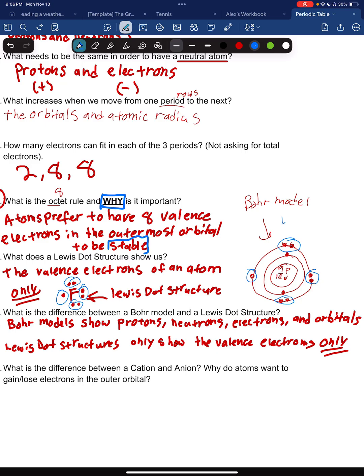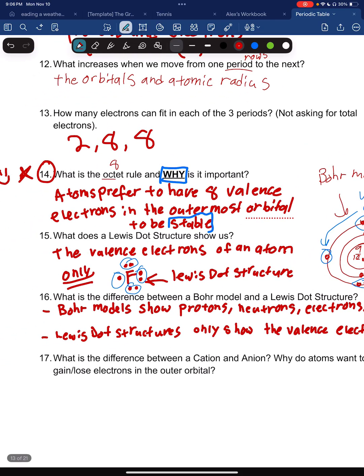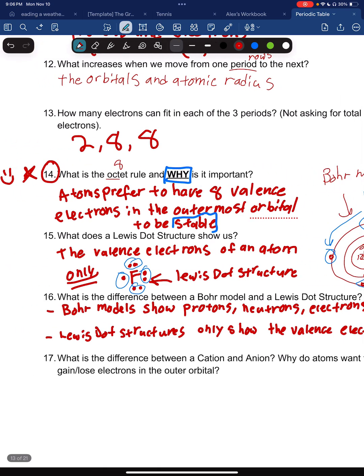Those are your valence electrons. All of them. Okay. All right. What is the difference between a cation and anion, and why do atoms want to gain or lose electrons in the outer orbital?